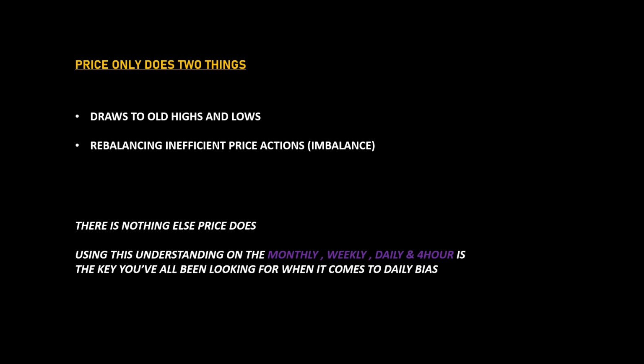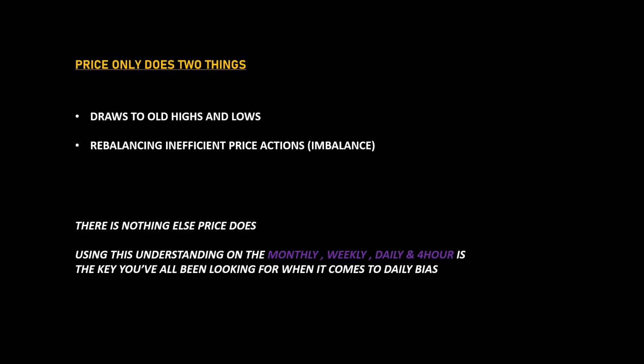Using this understanding on the monthly, weekly, daily and 4 hour chart is the key you have all been looking for when it comes to daily bias, okay? If you use this concept on monthly time frame, weekly time frame, daily and 4 hour time frame, it is going to help you to understand कि मेरा next bias क्या होने वाला है, मेरा next draw on liquidity कहाँ है, and किस साइड मार्केट most likely मूव करेगा, ओके.